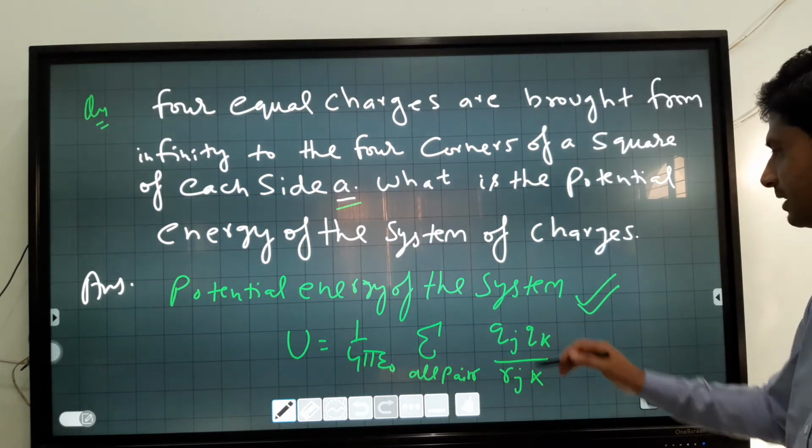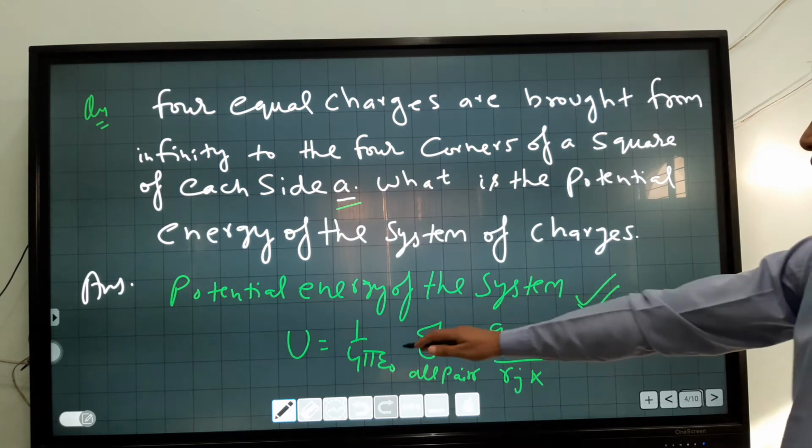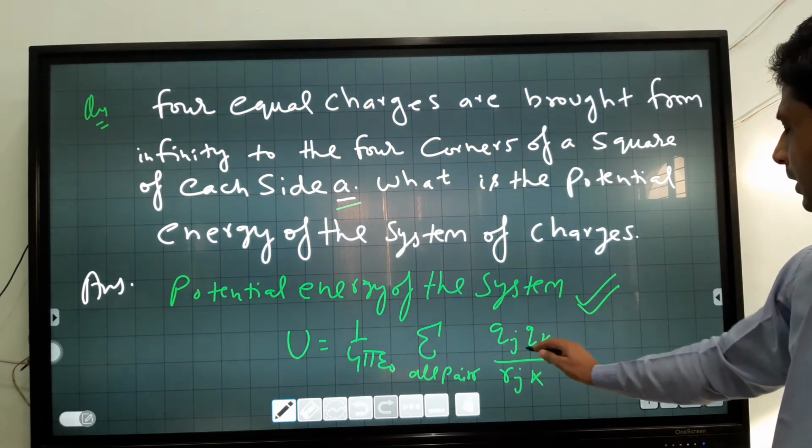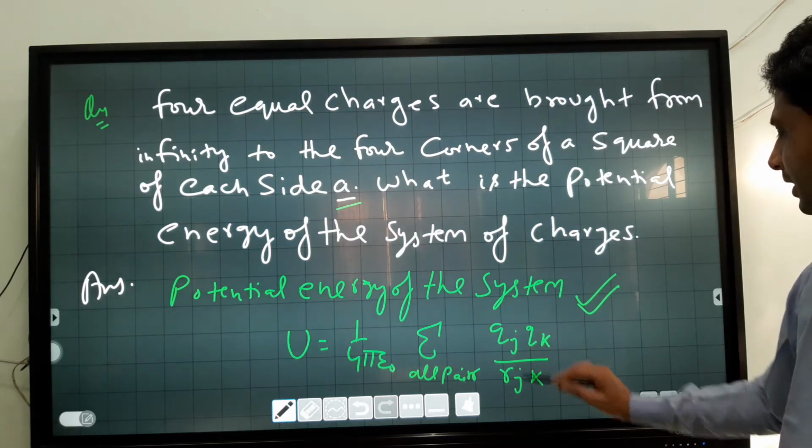As you know, the formula for the potential energy of a system is U equal to 1/4 pi epsilon naught summation over all pairs Qj Qk upon Rj k.